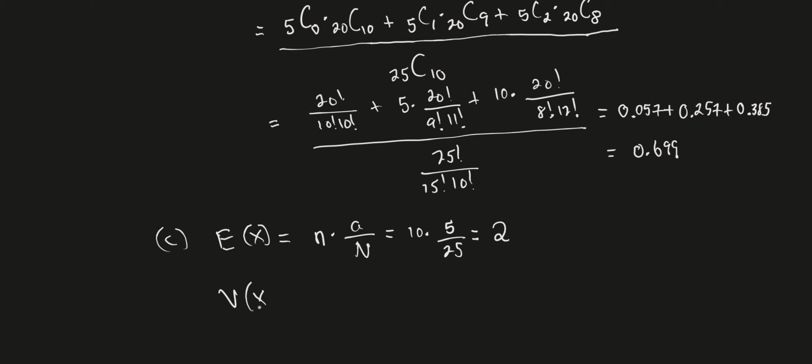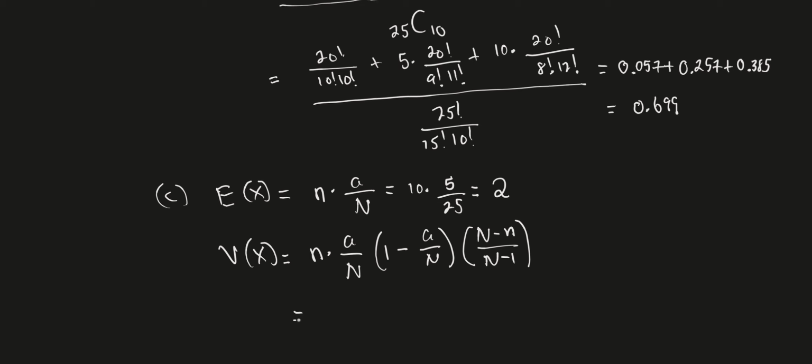And then the variance, again, a little bit more complicated. Let me write it out. You have your n, a over big N, times 1 minus a over big N, and then times big N minus n over big N minus 1, right?